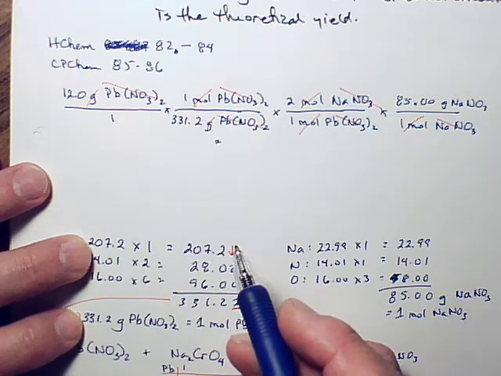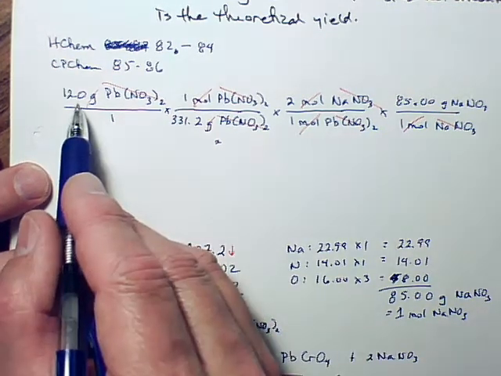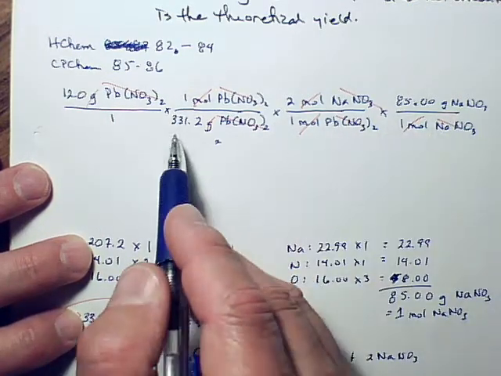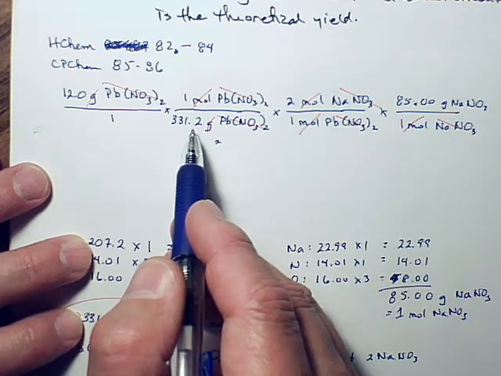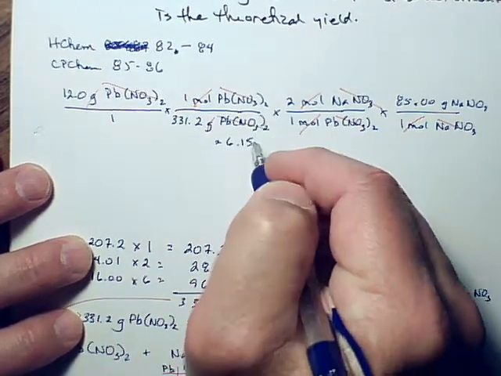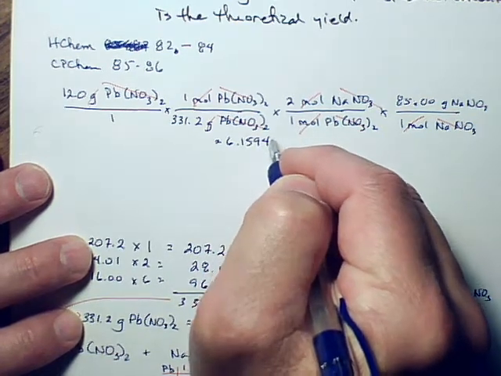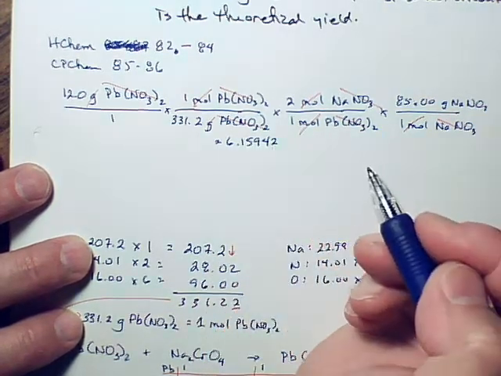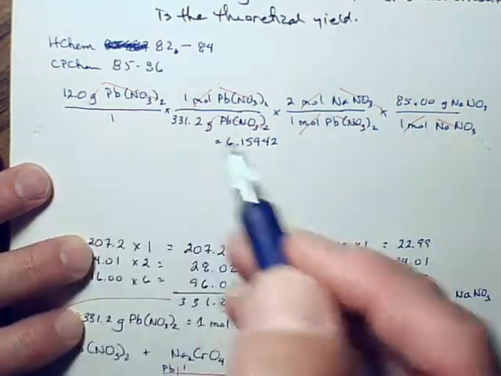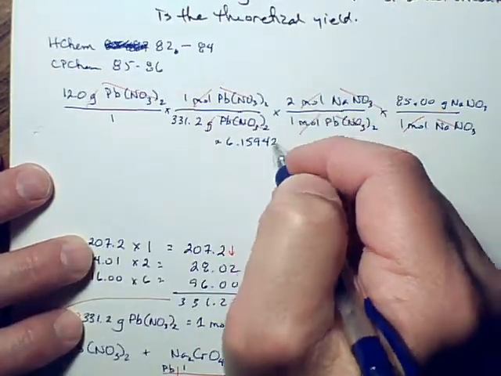Say what? 12 times 2 times 85. Hit enter and then divide by 331.2. I got 6.15. That's what I got. 6.15. Oh, I got you. You multiply this times this and then times, I got it. Okay.